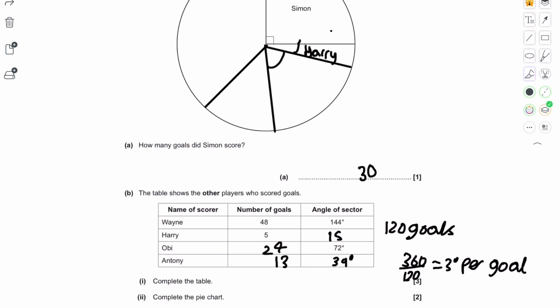This would be Obi. This is Anthony. And the largest sector would be Wayne.